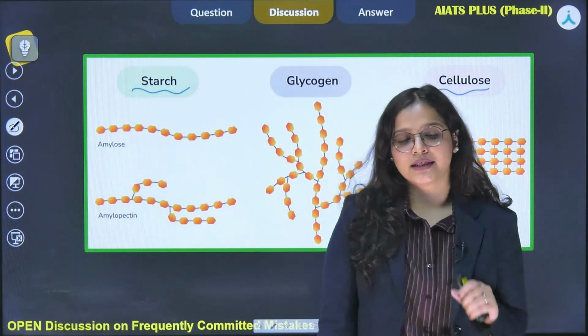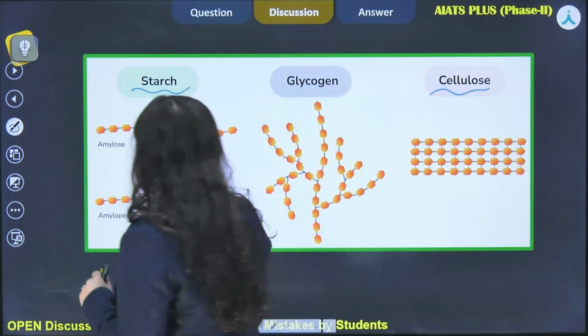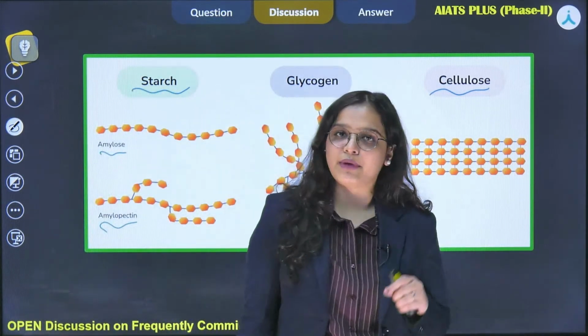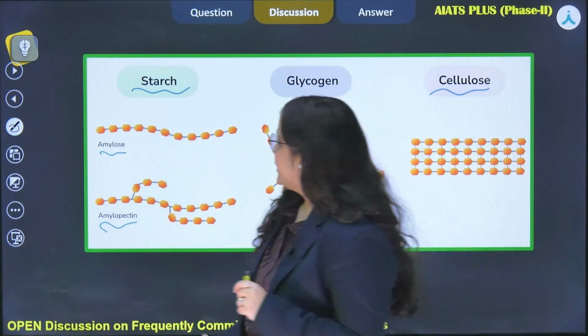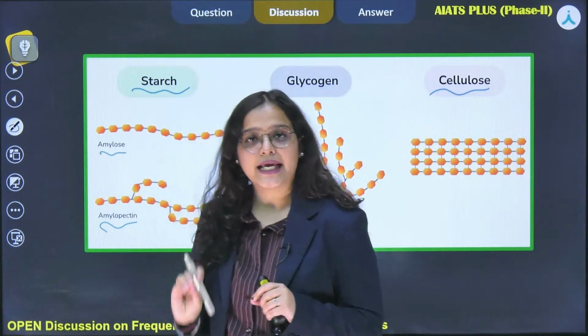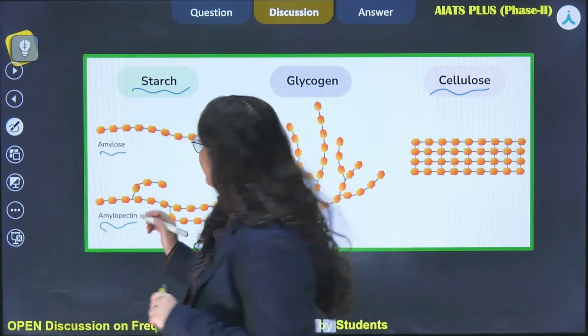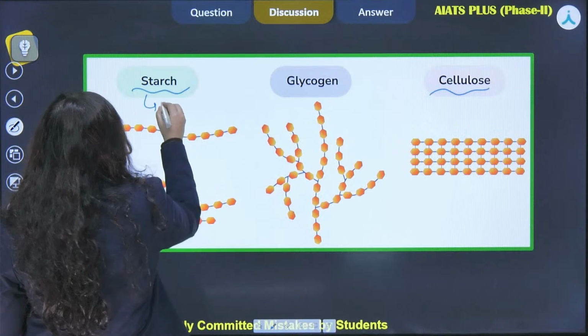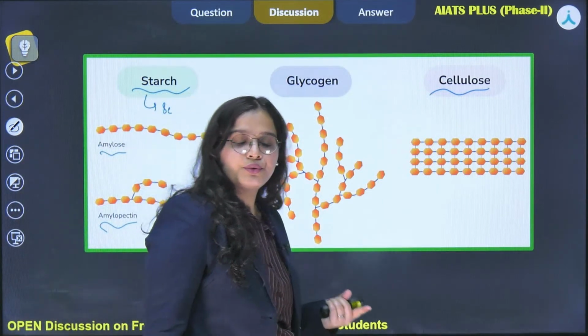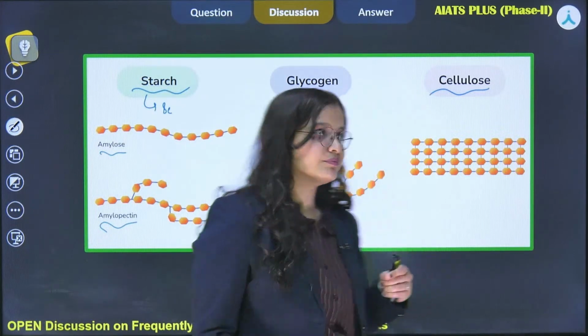So basically starch is made up of two components, we can see, amylose and amylopectin, and starch is said to have secondary helices in its structure which help it trap the iodine molecule when we are trying to perform a test.